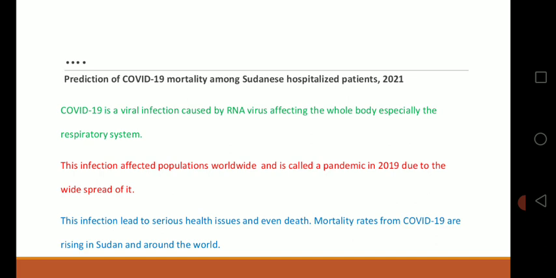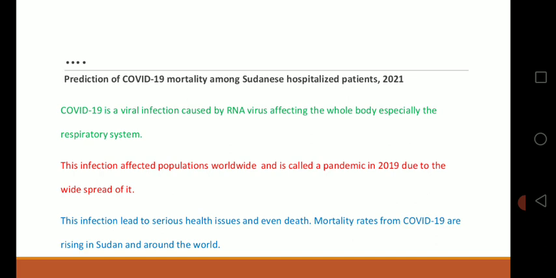Here I'm describing the impact of this problem. And I continued saying that mortality rates from COVID-19 are rising in Sudan and around the world. This final sentence also describes the impact of the problem.